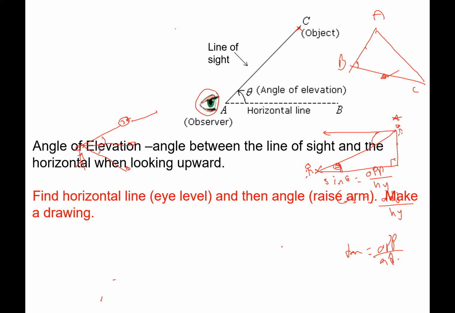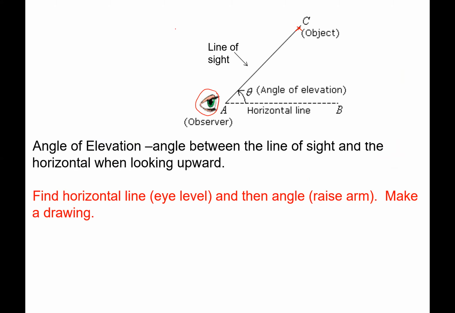The angle of elevation is the angle between the line of sight, this is the horizontal, when looking upward.